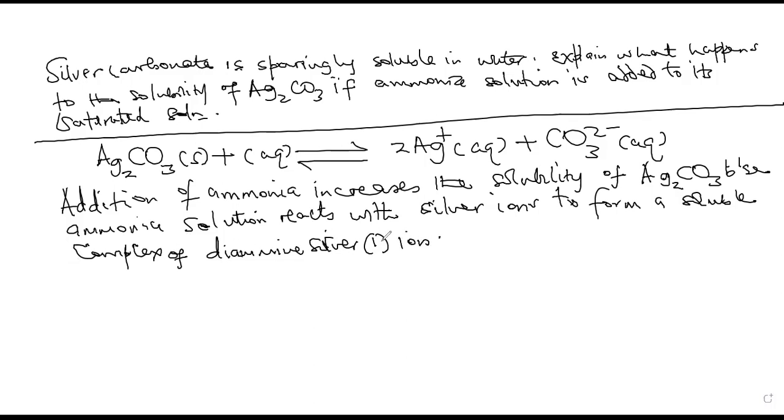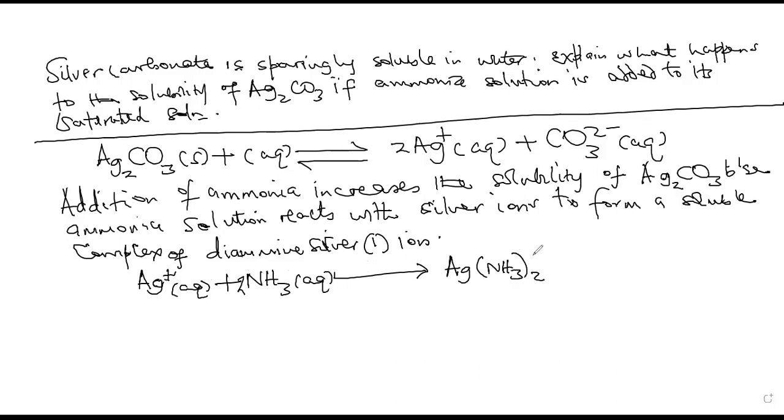You give us the equation of formation of this complex. We say that silver ions plus ammonia solution react to form, since it is diamine, 2 ammonia molecules, to form diamine silver 1 ion, aqueous.